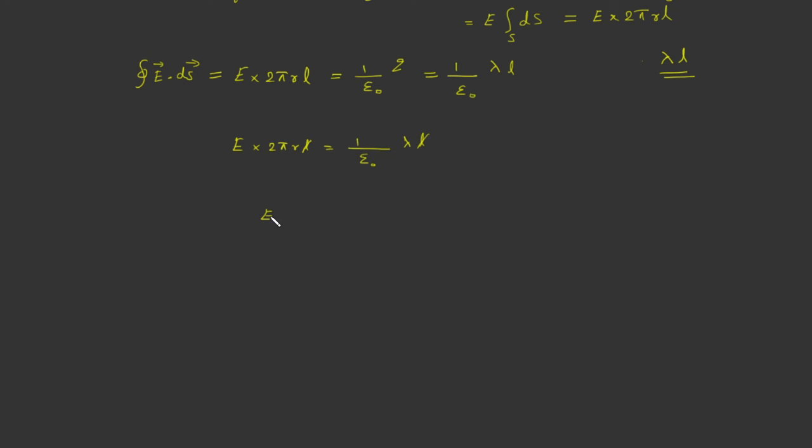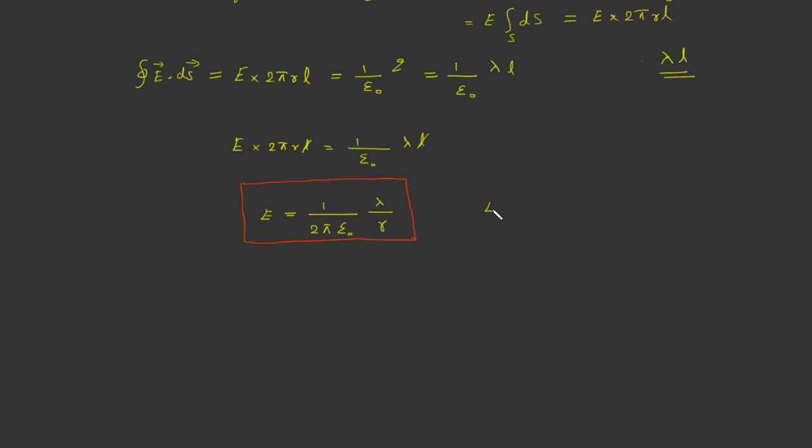Therefore, E, the magnitude of electric field, is equal to 1 by 2 pi epsilon 0 into lambda by R. You can also see from this equation that the magnitude of electric field is independent of L. Therefore, the magnitude of electric field at a distance r from an infinitely long straight uniformly charged wire is E equal to 1 by 2 pi epsilon 0 lambda by R.